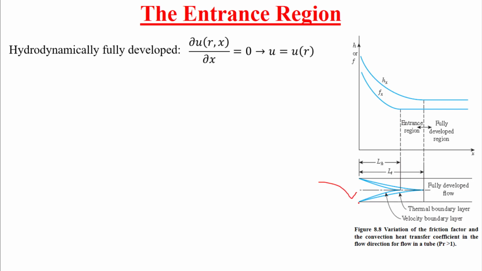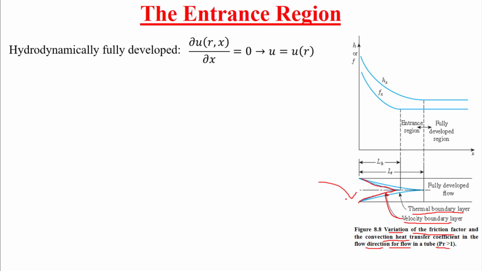As you can see, this is the velocity profile in red color, and the one in blue color represents the thermal boundary layer. Excuse me, this is the velocity boundary layer, and here we have the thermal boundary layer. This figure demonstrates the variation of the friction factor and convection heat transfer coefficient in the flow direction for a flow in a tube where the Prandtl number is greater than 1.